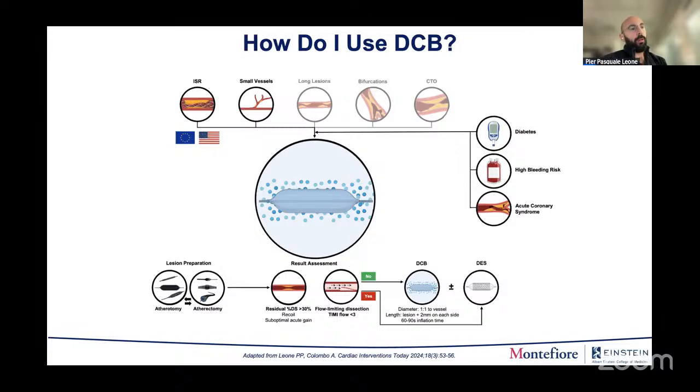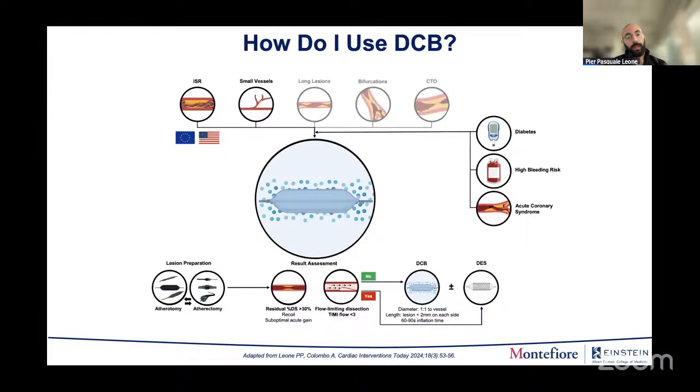Clinically, there are some patients who might benefit from drug-coated balloon angioplasty rather than straightforward stenting, especially diabetic patients and patients at high bleeding risk, so patients that cannot tolerate long-term dual antiplatelet therapy. Recent data has also been implemented in patients with acute coronary syndromes, STEMIs included.